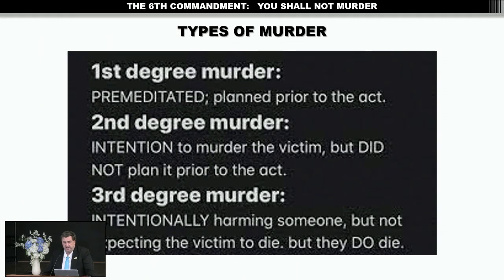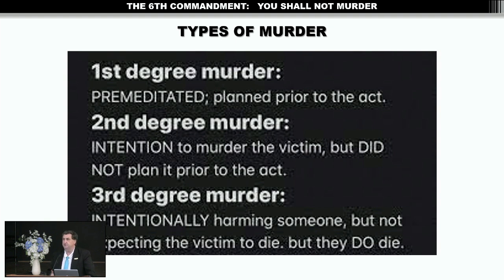Now, if you've watched any crime or law shows, you'll probably be familiar with the terms first, second, and third degree murder. Just what do we mean by these different classifications? First degree murder is where the act of murder is intentional and premeditated, meaning it was planned prior to the act. Second degree murder is where there is intention to murder the victim, but they didn't plan it prior to the act.